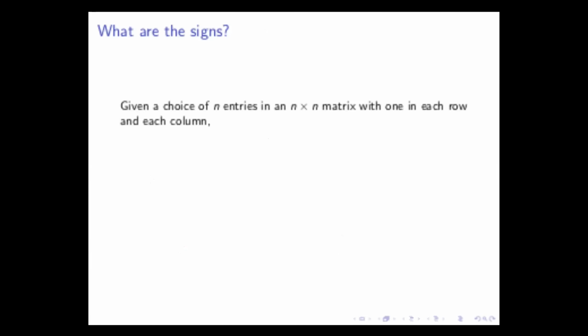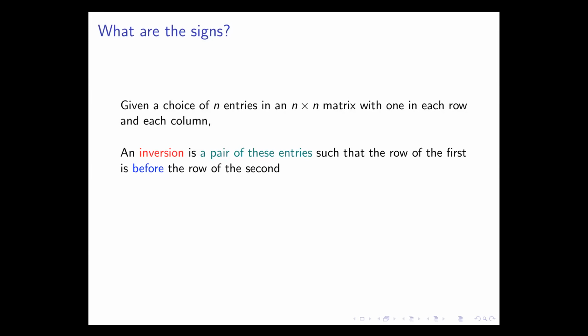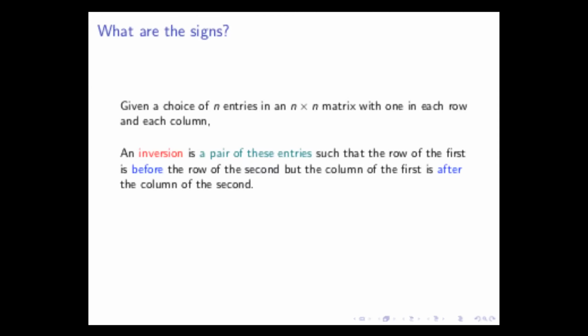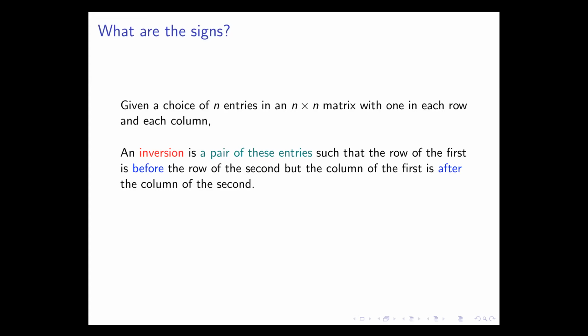Well, now, given the choice of n entries in an n by n matrix with 1 in each row and each column, an inversion is a pair of these entries such that the row of the first is before the row of the second, but the column of the first is after the column of the second.